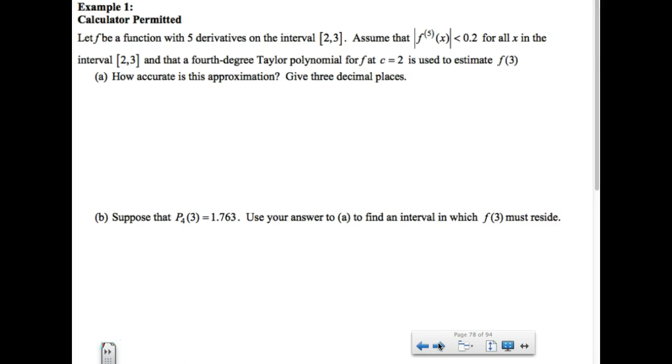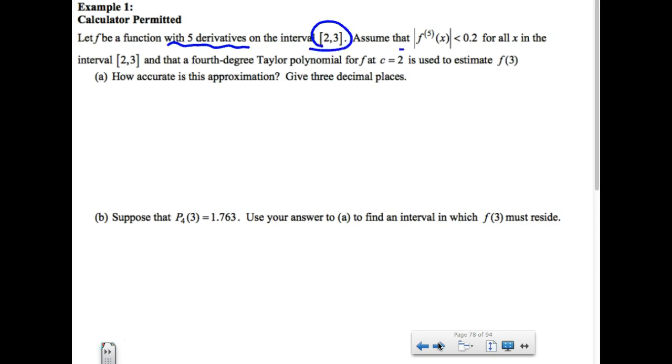So there are several ways that College Board will assess you on the Lagrange error bound. The first one is in your face, where you don't even know what the function is, but they give you all the ingredients and you just need to mix them up in a bowl. So let's take a look at what we've got here. We've got a function with 5 derivatives. That means it's continuous. I can differentiate it for sure 5 times on an interval from 2 to 3.